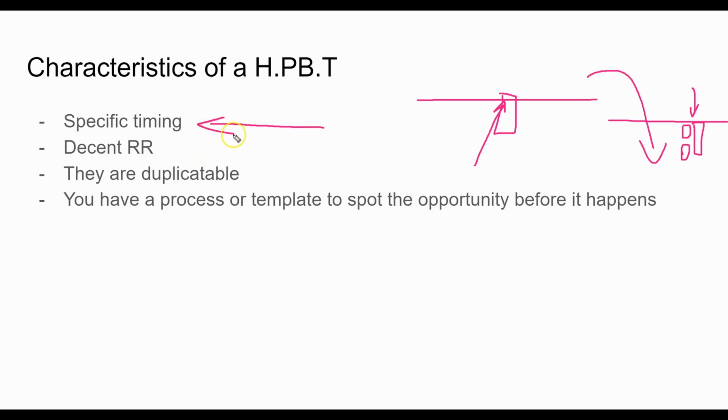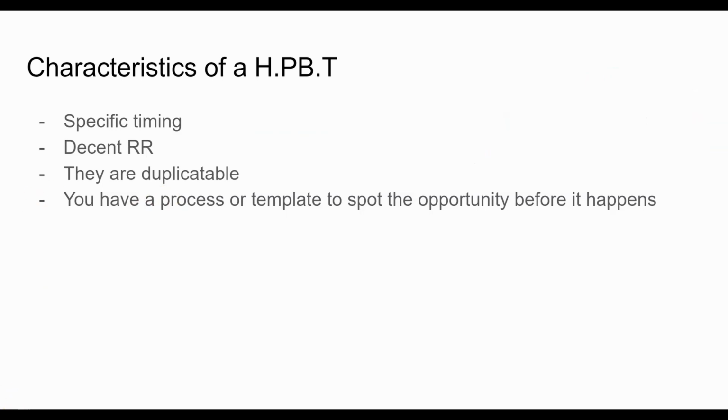So understand your timing, understand when you want to trade, when you want to see it, what it should look like. Okay, so we've talked about specific timing. Next, I want to talk about decent risk reward ratio. I think this is pretty self-explanatory. We want to have a decent risk to reward, and overall then helping the odds of our overall system play out.